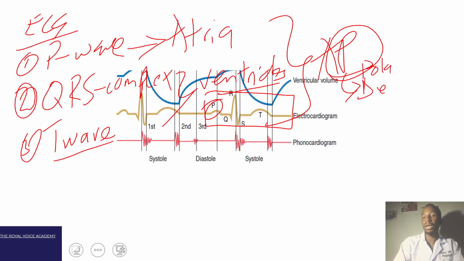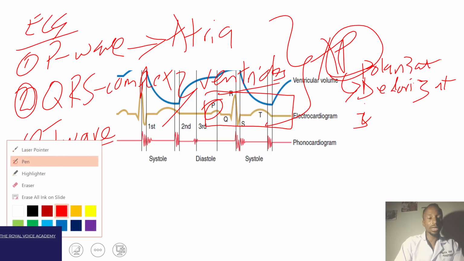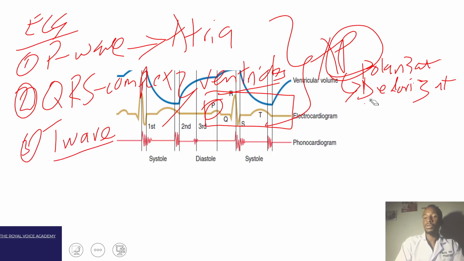We begin with the polarization, then a depolarization, then number three, a hyperpolarization phase.